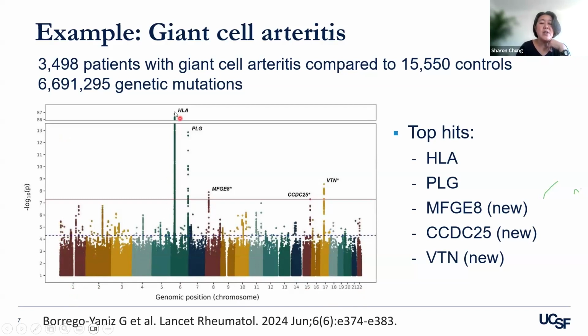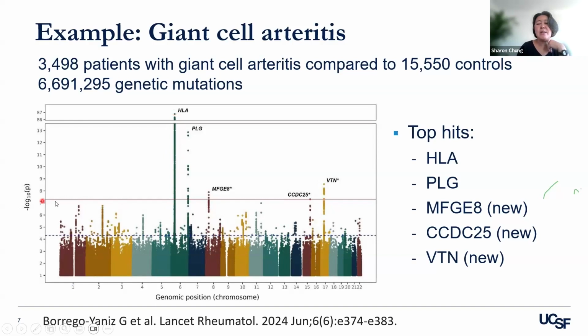Where the dot is on this graph gives a sense of how strongly associated that mutation is with giant cell arteritis. So, genetic mutations up here are very strongly associated with giant cell arteritis.